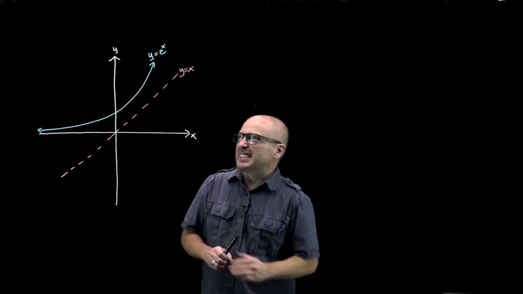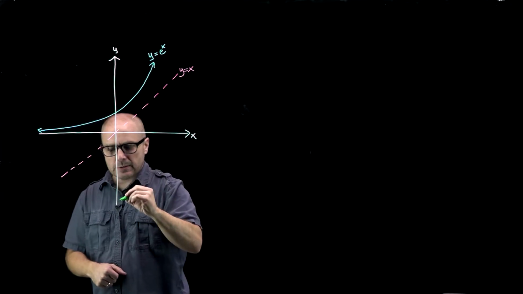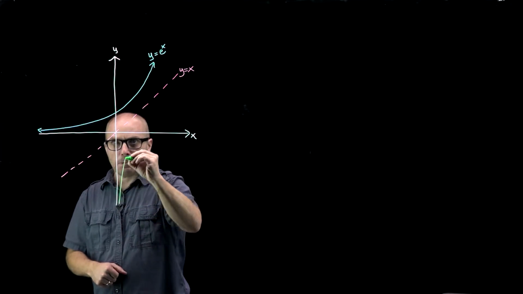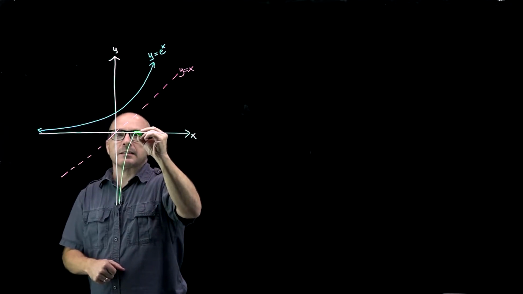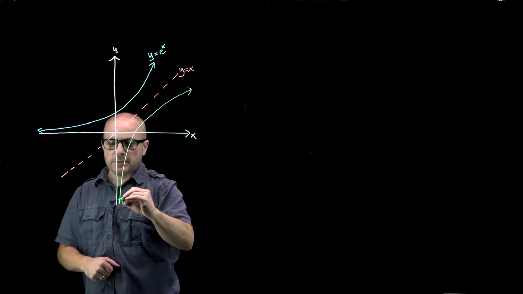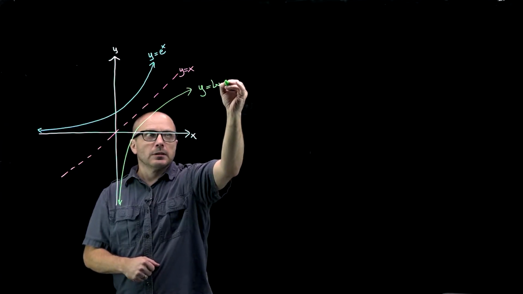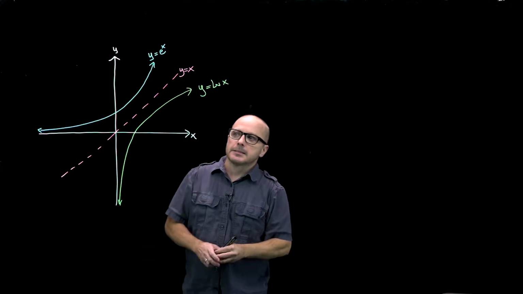So if I reflect this asymptote here at 0, it becomes an asymptote down here. And I'll try to make that look roughly like the reflection across that line. That's what our natural log would look like.